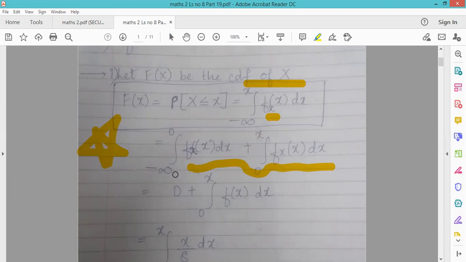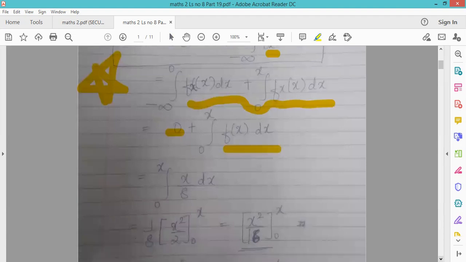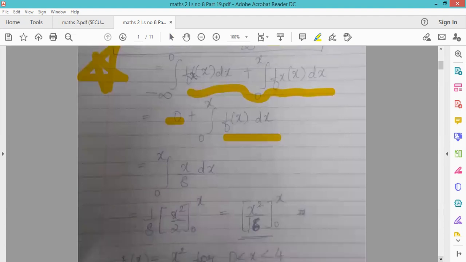Now minus infinity to 0 is nothing but 0, plus integration 0 to x, f of x with respect to dx. So f of x given over here is nothing but x upon 8 as it is given in the question. So integration 0 to x, x upon 8 dx.